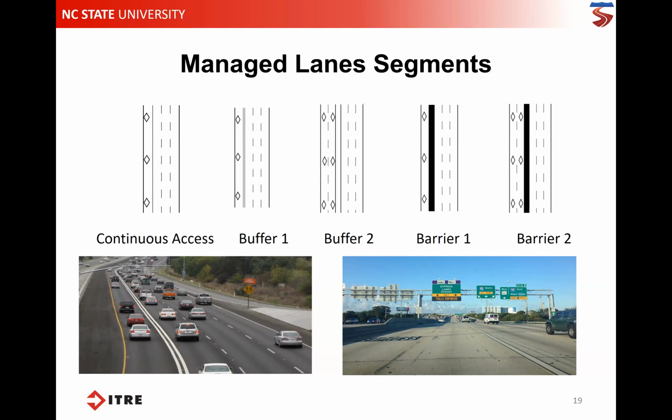What we found in this research was that the operation of managed lanes depended on two things: whether you had a single or multiple lanes in the managed lane, with a single lane obviously not enabling passing, and the method by which the managed lane and general purpose lanes were separated, either using paint or a buffer, in which case there was some influence of what's going on in the general purpose lane on the managed lane. When you did have a barrier, that influence diminished significantly.